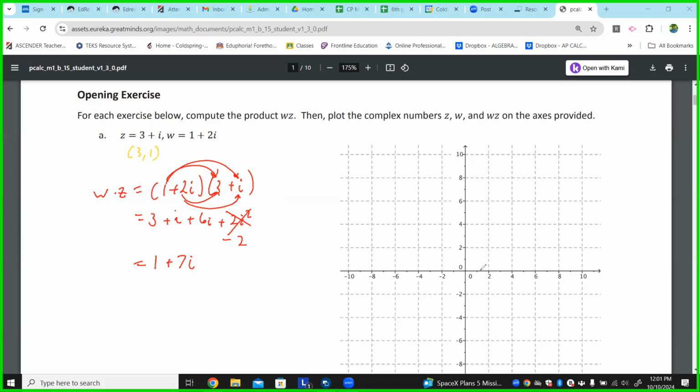All right, so if we write these all out as coordinates, what is Z as a coordinate? So I'm going to come over here. These are going by 2s. So 3 is about right here, 1's about right there. We're going to draw them as a vector. And so this will be what I call Z. W will be what? 1, 2. So I'll graph 1, 2, which is roughly like that.